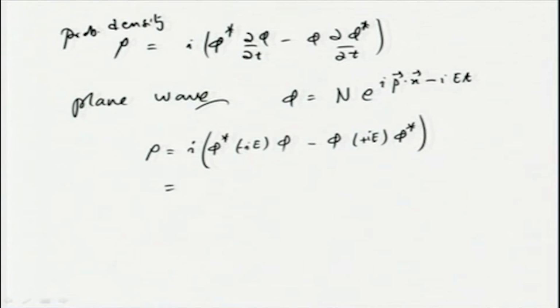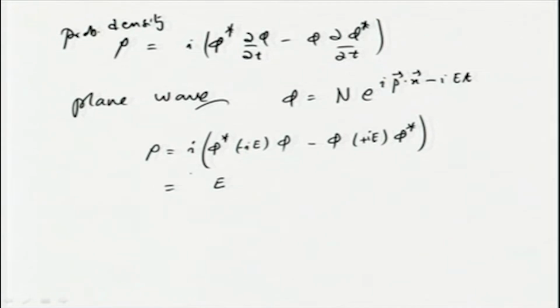So there is an i overall factor, and then there is a minus i e in the first term. Together that will give me a plus e. So, plus e, and in the second term again I have a minus sign. So, minus i e inside the bracket and an i outside.